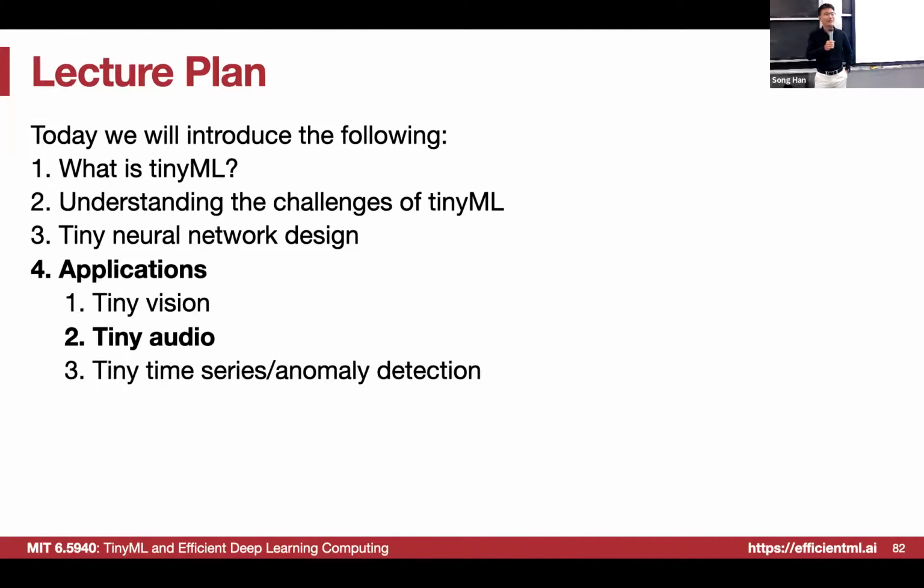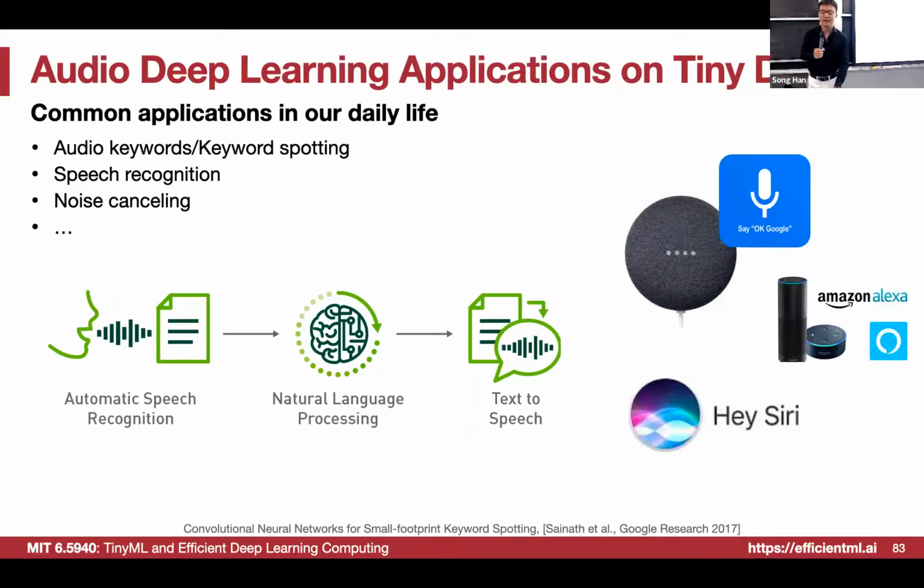All right, so when we're playing, we can slowly progress to tiny audio. Speech recognition and also keyword spotting are very popular, right? Hey Siri, Alexa, those kinds of applications. It's responding, it's working, which is pretty good. So that's audio keyword spotting. That's a perfect demo.